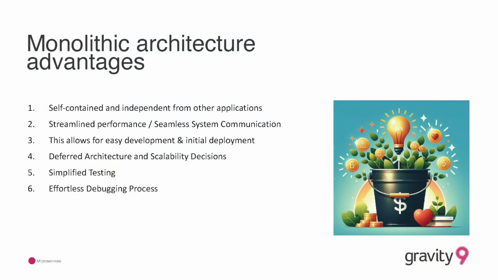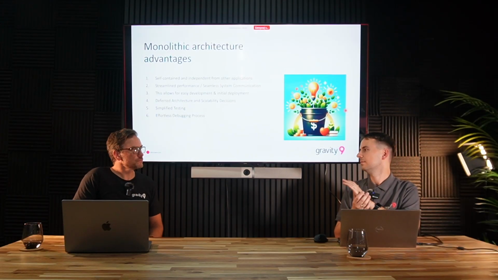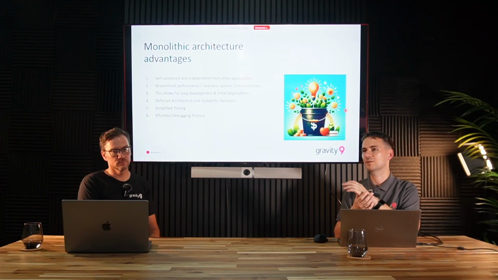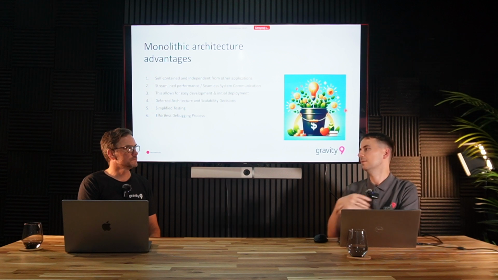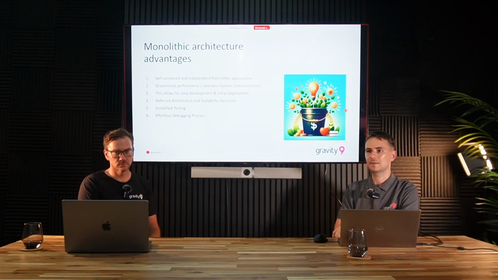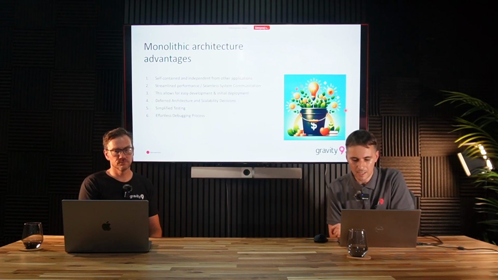And the easier debugging. So yeah, this is very important, especially for new joiners, because we also have to think about architecture in terms of the people that work on the project. Not every project has senior developers all around; sometimes you have only one senior developer and the rest are junior developers. So especially debugging, right?